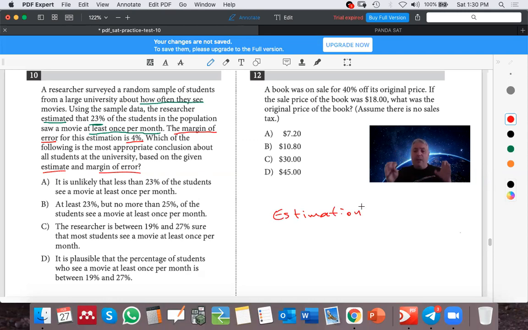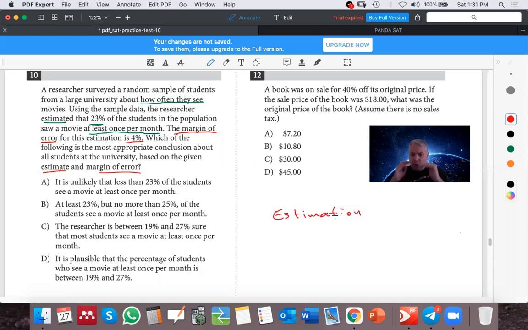So to estimate something is to talk about the future using your mathematical and statistical information. What is margin of error? Margin of error is this. What percentage of this estimation could be wrong?